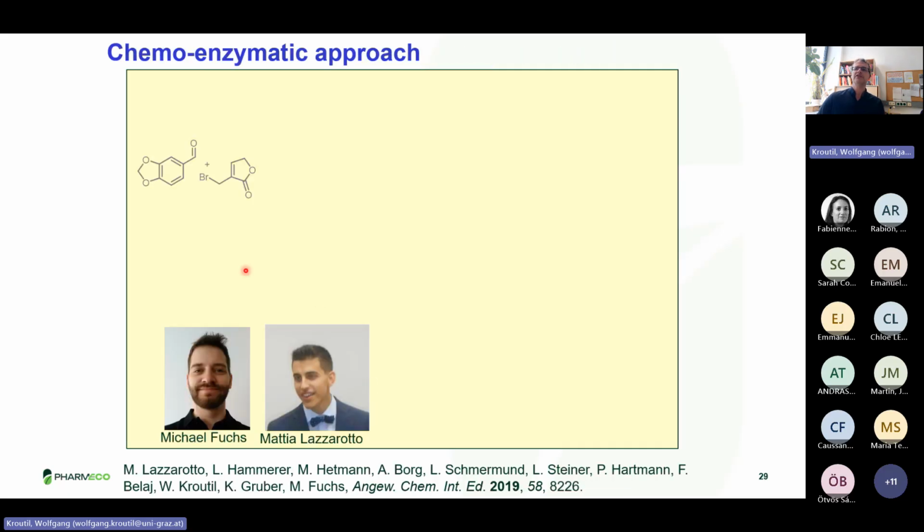But what we managed, Michael Fuchs supervised here, Mattia Lazzarotto, and they made first coupling these 2 molecules, whereby the brominated one was prepared in 2 steps before.